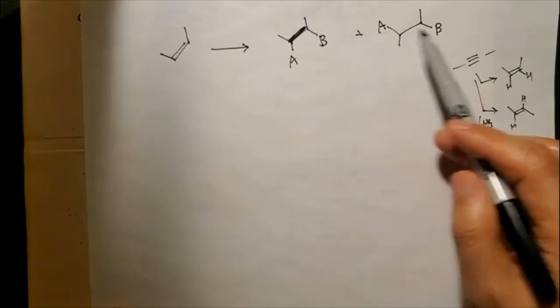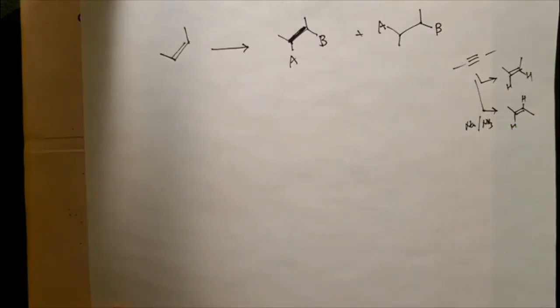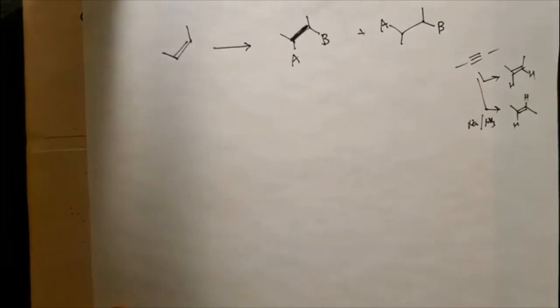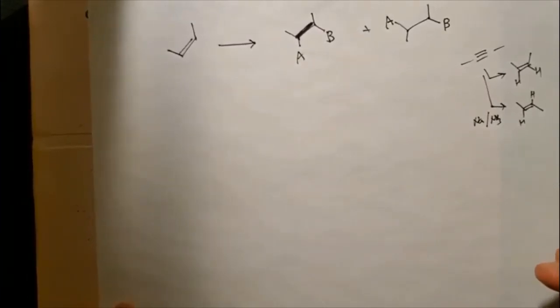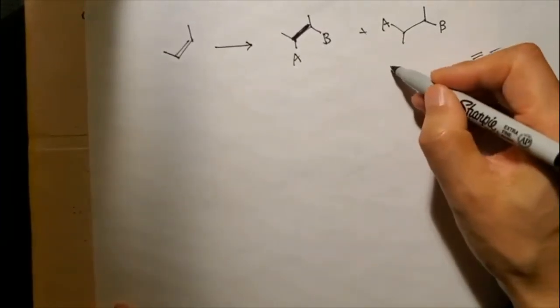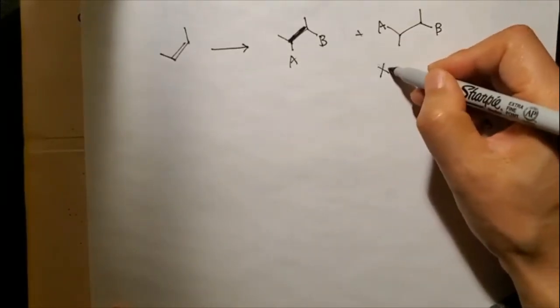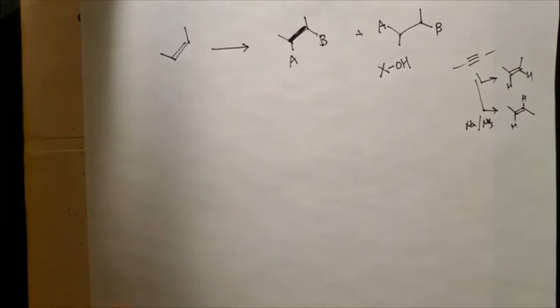Then the anti-addition, you had the Br2 making a non-traditional bridged intermediate and gave you trans or anti-addition. Then you had a halogen like chlorine or bromine bound to the OH.